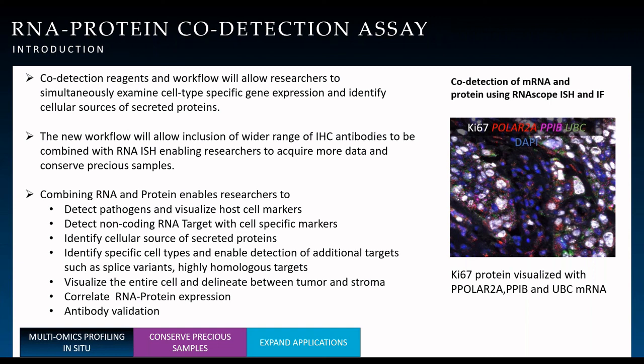So by performing this co-detection of RNA and protein, we are able to expand the research in different application areas, including understanding or detecting pathogens with their host cell markers, by visualizing target genes producing non-coding RNA, by visualizing entire cell border and its target gene, and correlating RNA and protein expression.